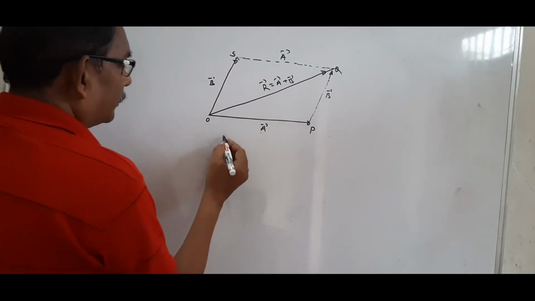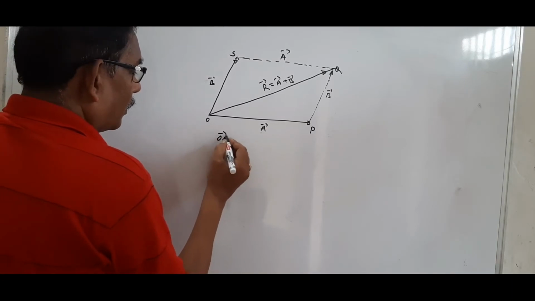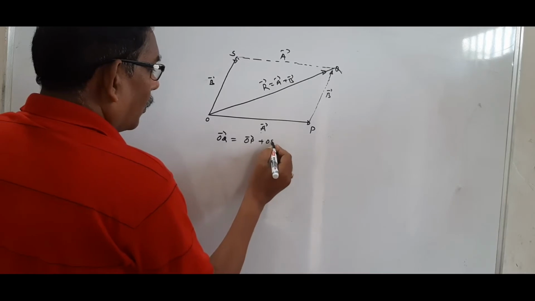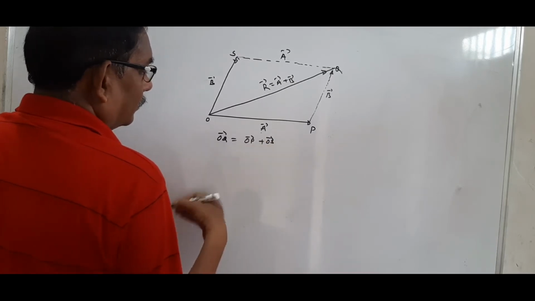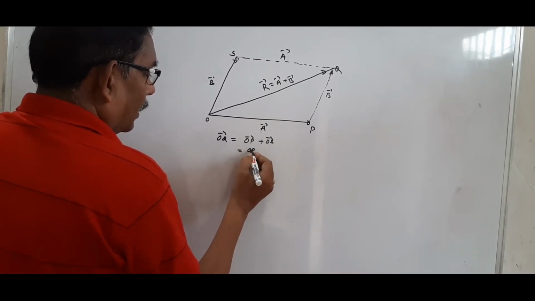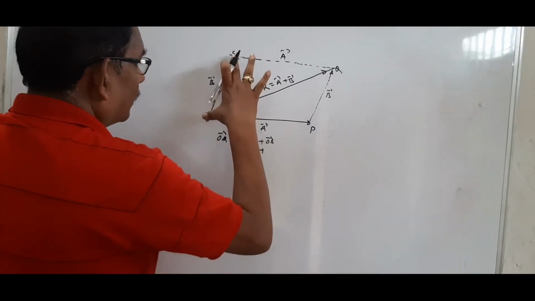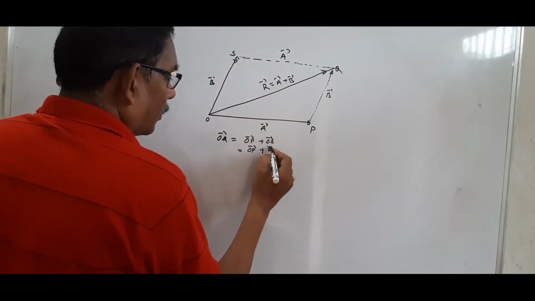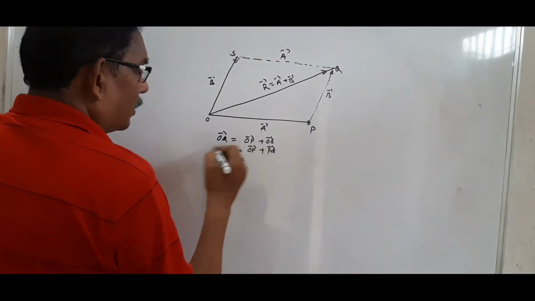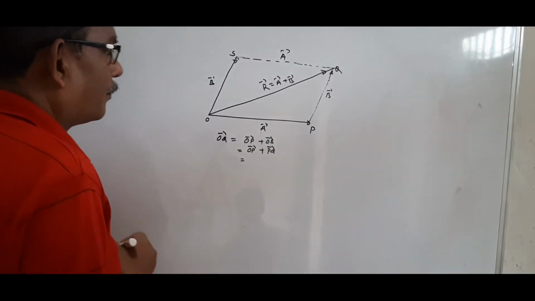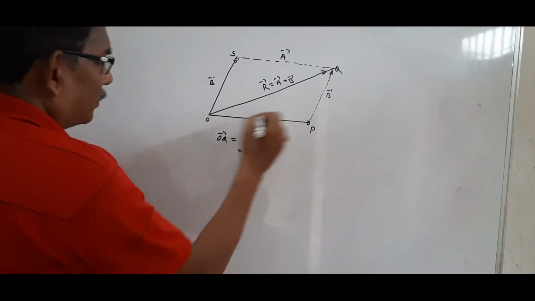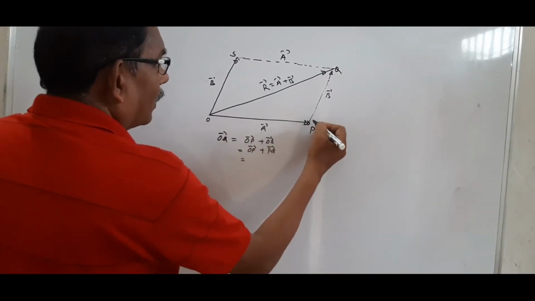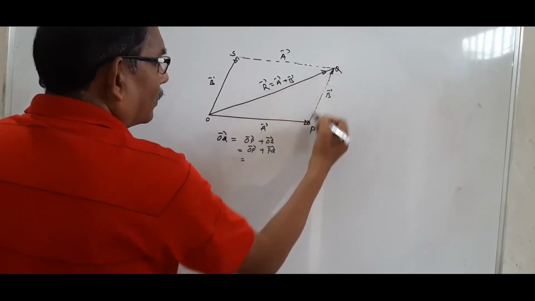So OQ equal to OP plus OS. In place of OS, write down PQ. By using the law of vector addition, OP and PQ are in the same order.